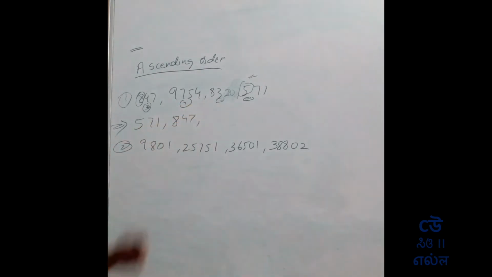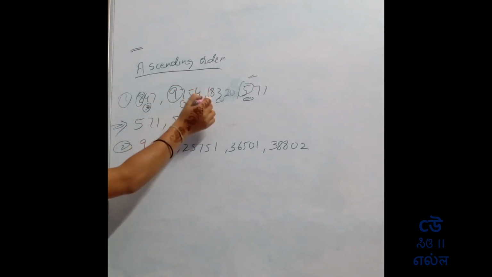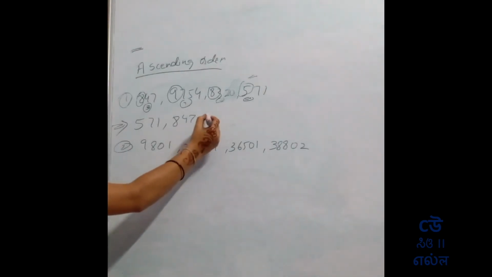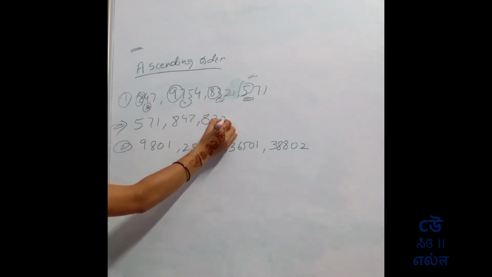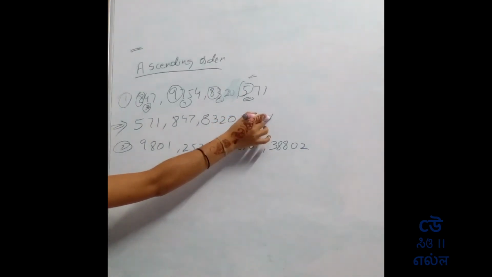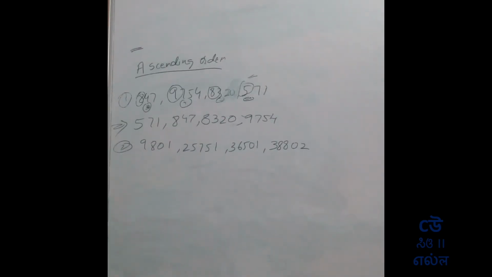Compared to 4 and 4, you have equal number of digits. So what you have to do? See the first digit in both. So in 9 and 8, which is the smallest number? 8 is the smallest number. So that number you will write. So the remaining is what? 9754. So easily we found out how to arrange these numbers in ascending order.